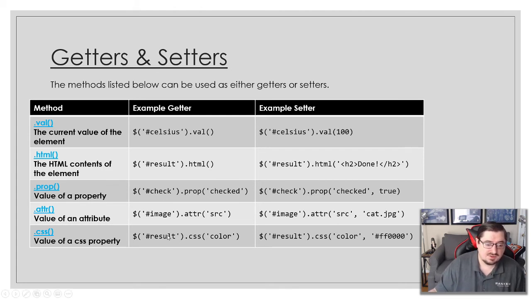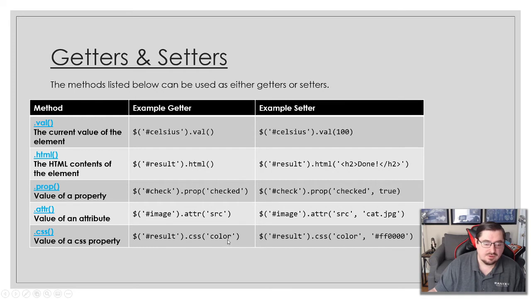So here I'm going to say I want to get the current color of the result element. This will give me the color because I just passed in the name of the CSS property. And here I'm going to set it. Here I've given it the name of the CSS property, the style, as you might say, and we're going to set it to red.